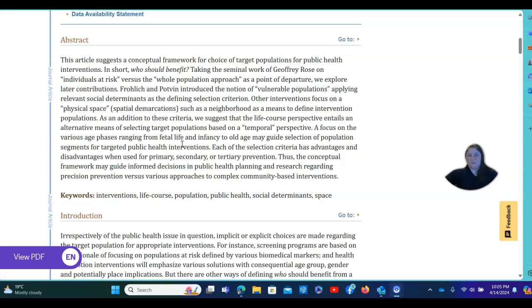But if you look at older adults, you might want to look at where they're living with regards to how susceptible are they to a fall. Are there grab bars? Are there carpets that they could trip over? Do they have stairs? Things like that. So what could impact someone in their middle age is potentially different than what would impact older adults versus children, specifically because of where they are in their lifespan.